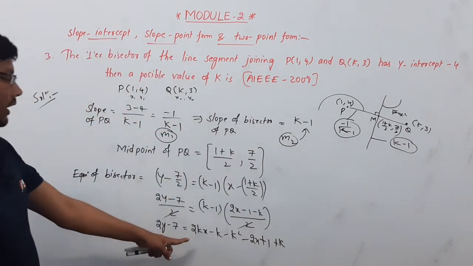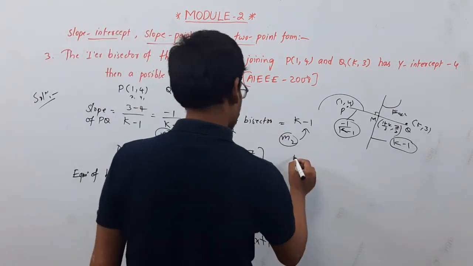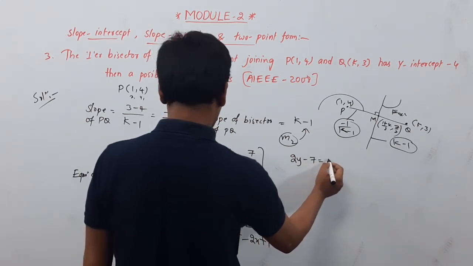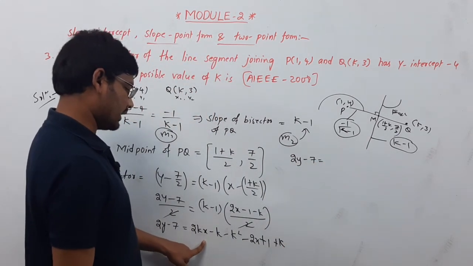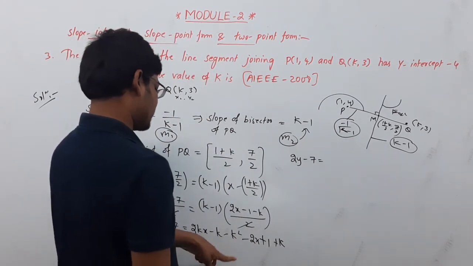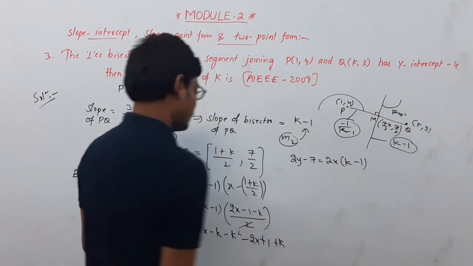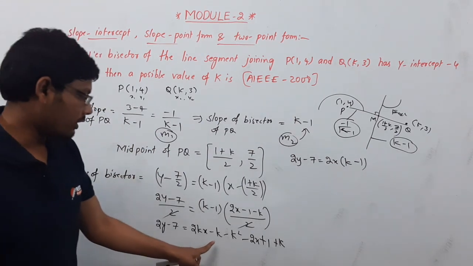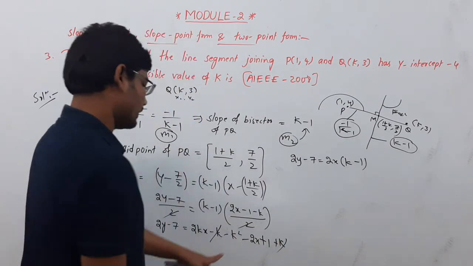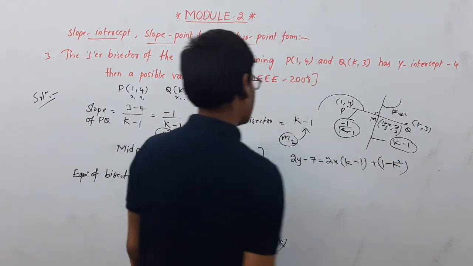Let's take 2x as common: 2x of (k minus 1). The remaining terms: plus k and minus k get cancelled, leaving 1 minus k square.